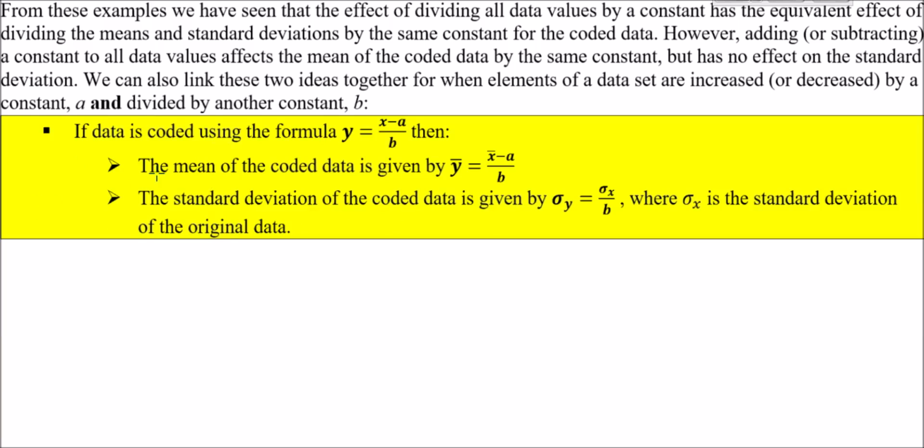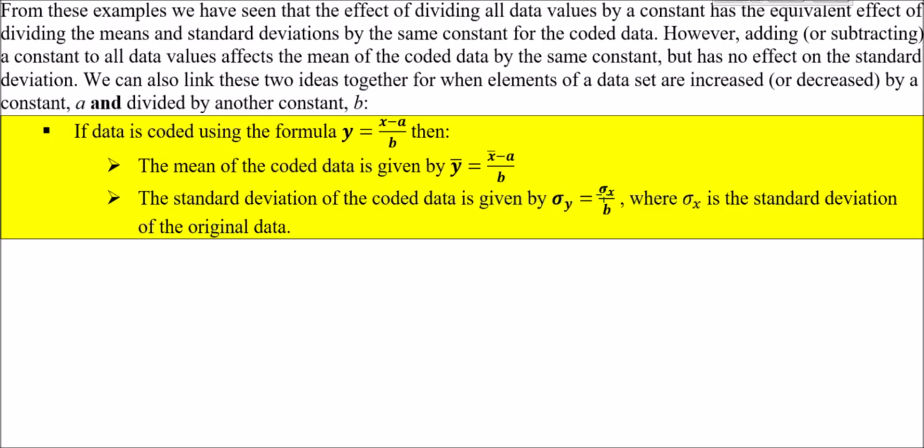So, if data is coded using the formula, the new data y is the old data x minus a, then divided by a constant b, then the mean of the coded data is given by mean of y is mean of x minus a over b, because the mean is affected by the shift and the division, whereas the standard deviation of the coded data, like we saw before, is not affected by this plus or minus a, because it's only affected by dividing or multiplying by the b.